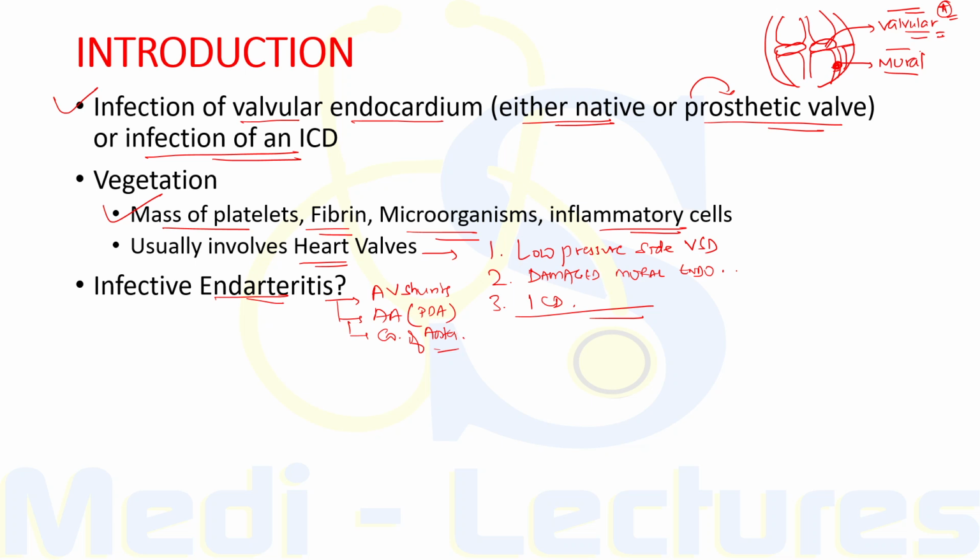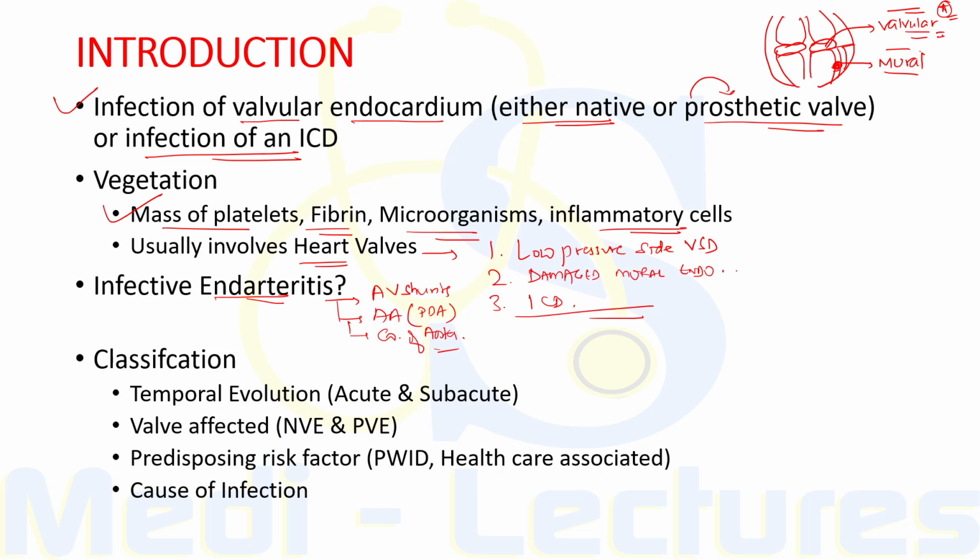Now let's come on to the classification of infective endocarditis. So it can be classified by various ways. First, as per the temporal evolution of the disease into acute infective endocarditis and subacute. Now acute infective endocarditis is almost 100% fatal, while subacute has a good prognosis.